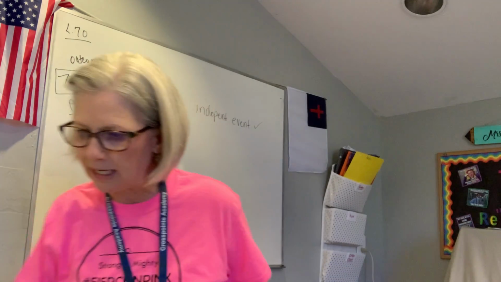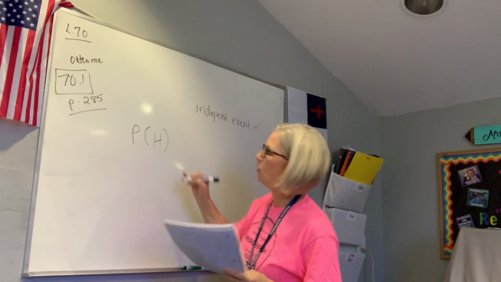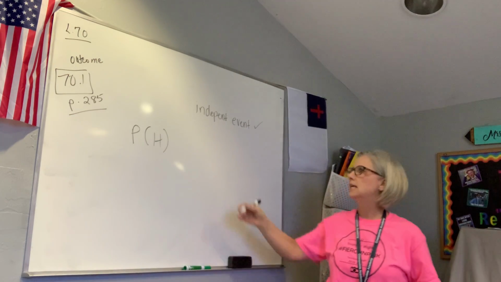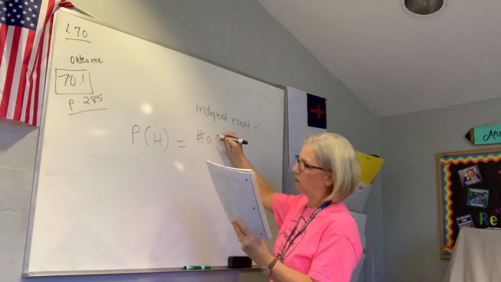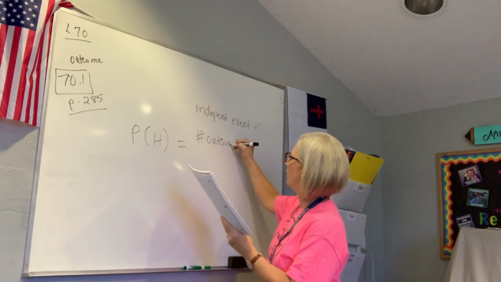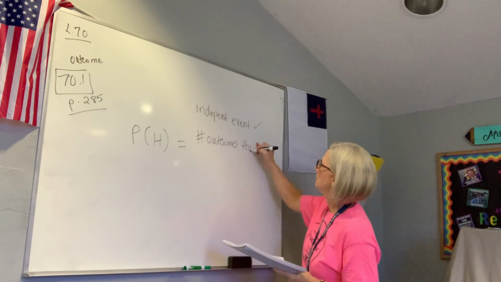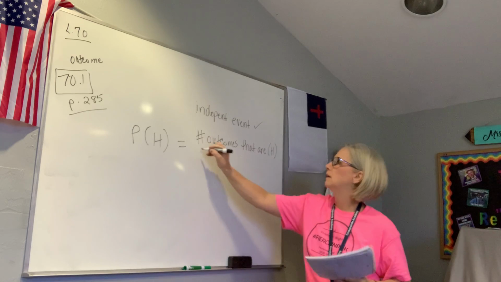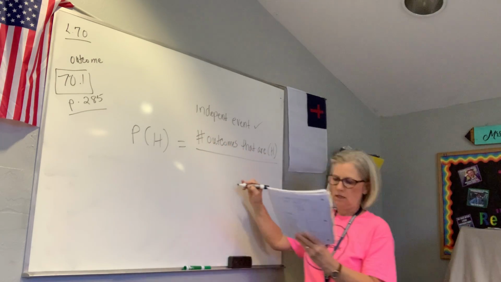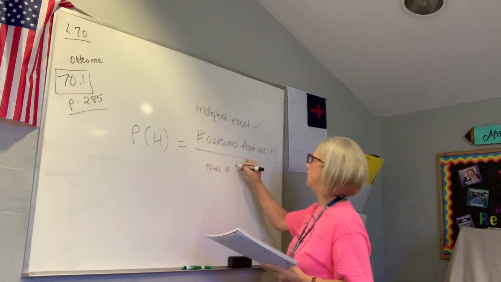The probability of flipping, excuse me, my coin and landing on heads would be the number of outcomes that are heads. H stands for heads, over the total number in my sample space.